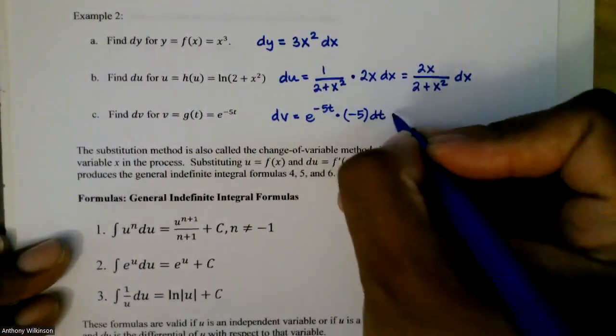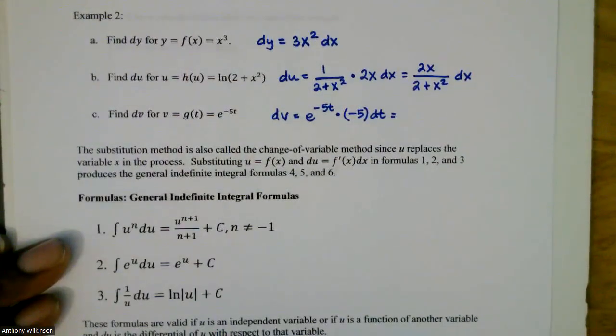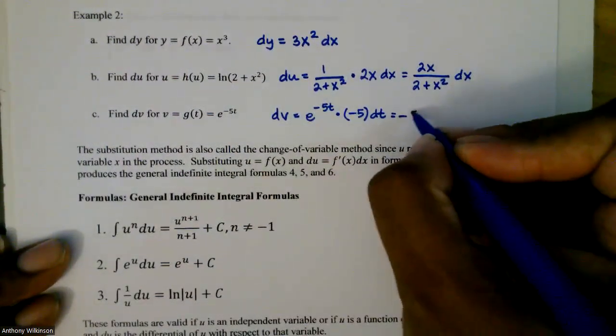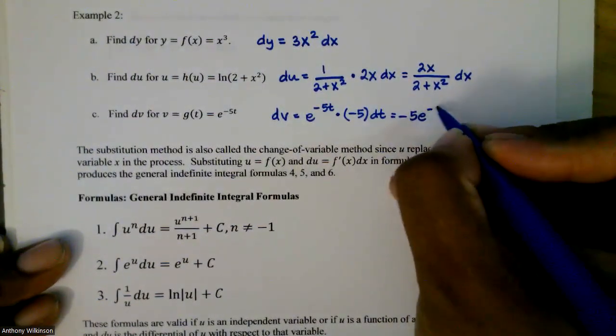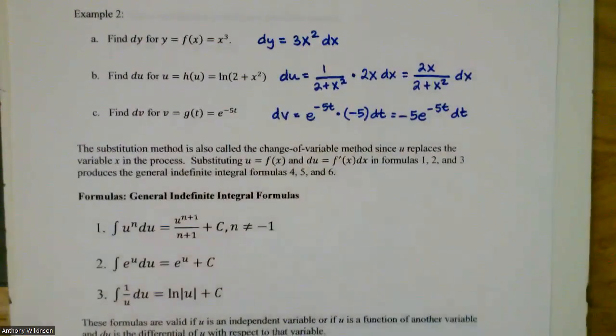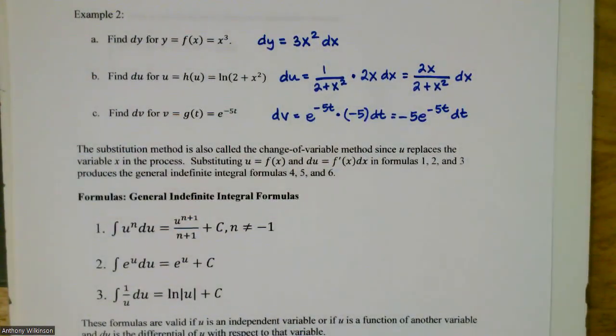And of course, we add the dt behind it. So if I simplify this a bit, I'm going to have negative 5 times e to the negative 5t dt. Okay. So that's how we find those differentials.